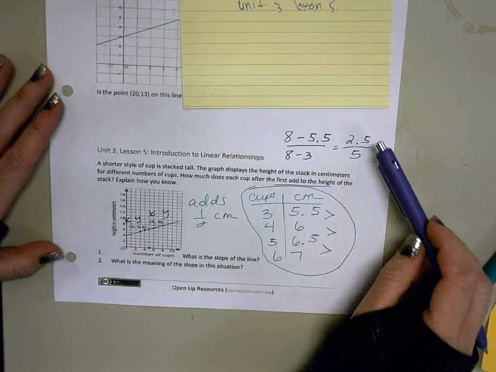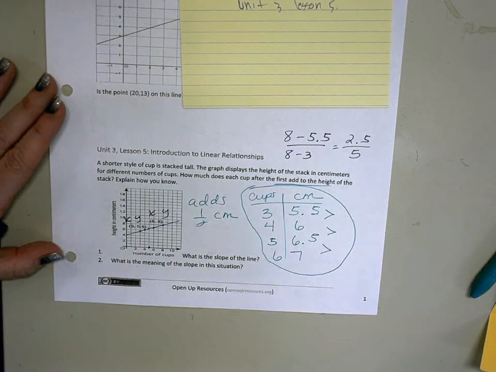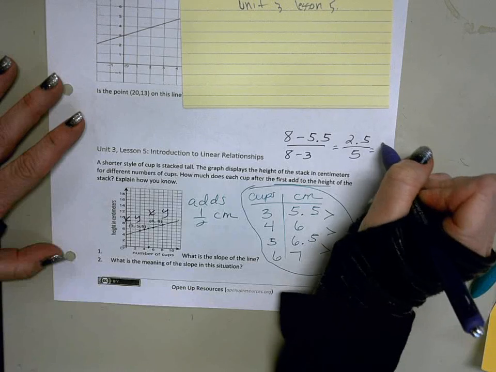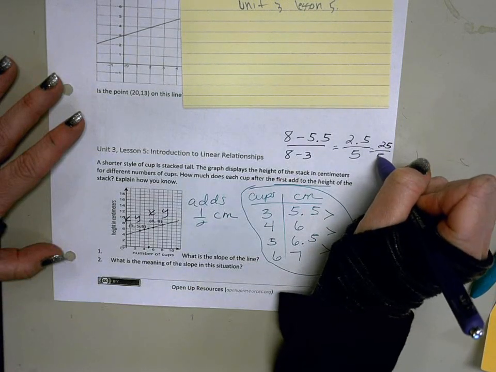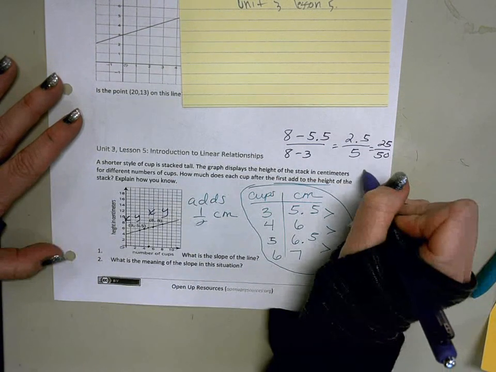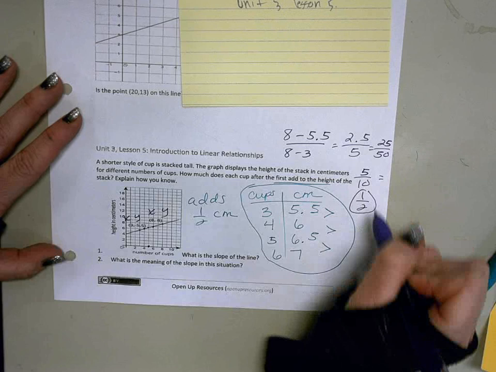But maybe, number sense, you recognize a relationship here. Maybe you totally don't. I always like to just multiply everything by 10 when there's a decimal. If I multiplied by 10, I'd have 25 over 50. And then I could simplify both of those by 5 to get 5 over 10. And then, of course, simplify to 1/2 for my slope.